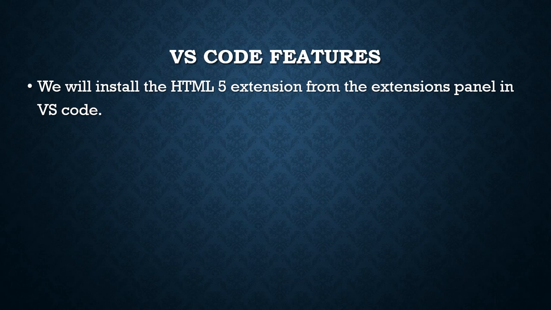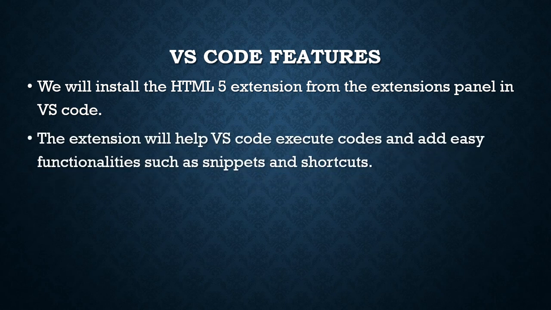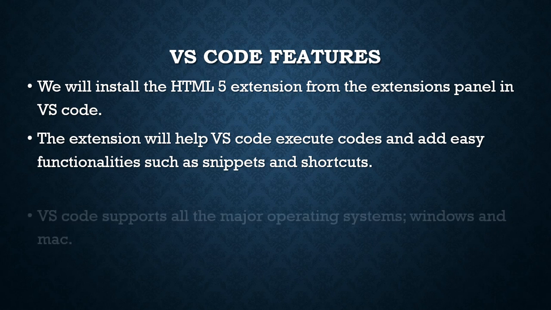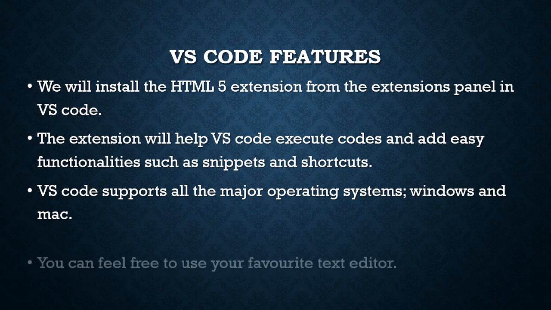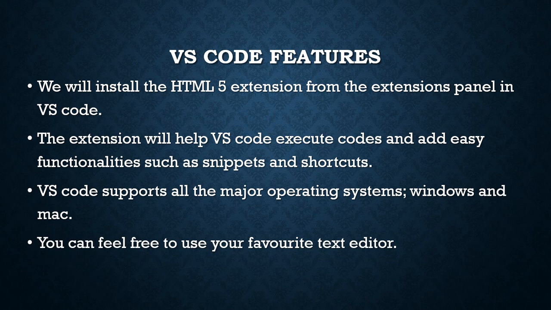When we go there, we have access to all the extensions that we would like to have. The extensions will help us execute code and add easy functionalities such as snippets and shortcuts. Visual Studio Code supports all the major operating systems, as I said, Windows and Mac. But you can also feel free to use your favorite text editor.